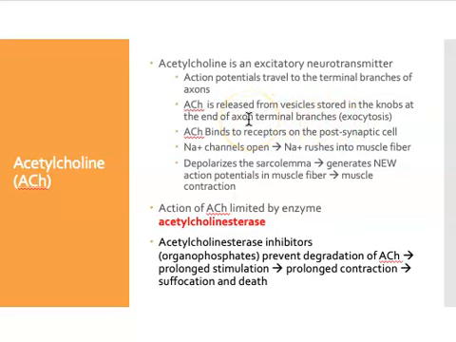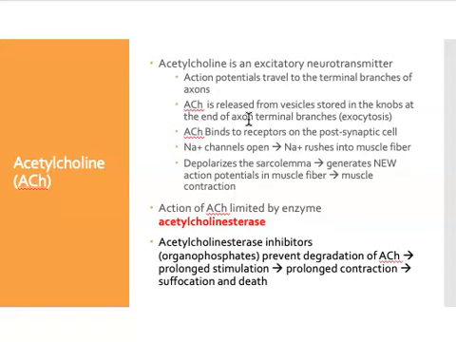And at the end of each branch, there's a little enlarged area called a knob. And that's where the acetylcholine is stored. It's stored in little membrane-bound organelles called vesicles. In order to release the acetylcholine, those vesicles have to come and fuse with the membrane and release the acetylcholine into the space, into that synapse.